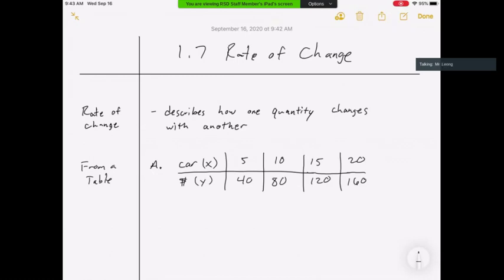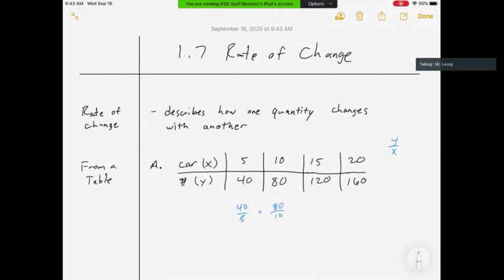All right, now normally, if we were to ask whether this is proportional or not, this is what we would do. You don't have to write this down. It's always y over x. Is 40 over 5 equal to 80 over 10?